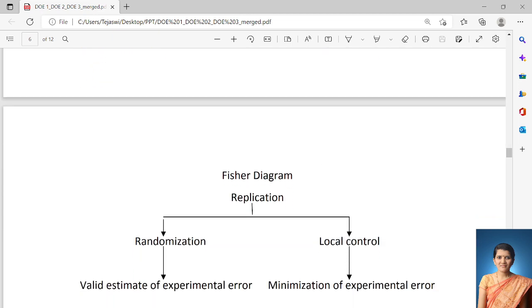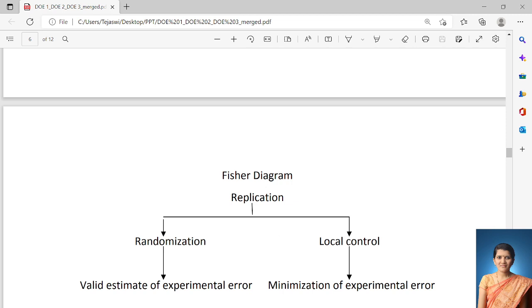By using the Fisher diagram, the three principles have been designed in this way, and replication is used in all. If we use the replication principle with the randomization principle, we get a valid estimate of experimental error.